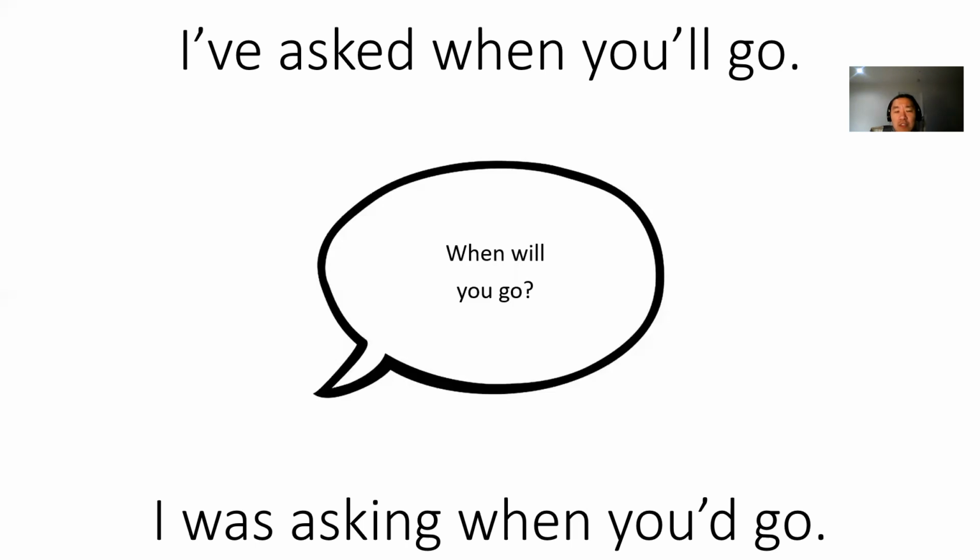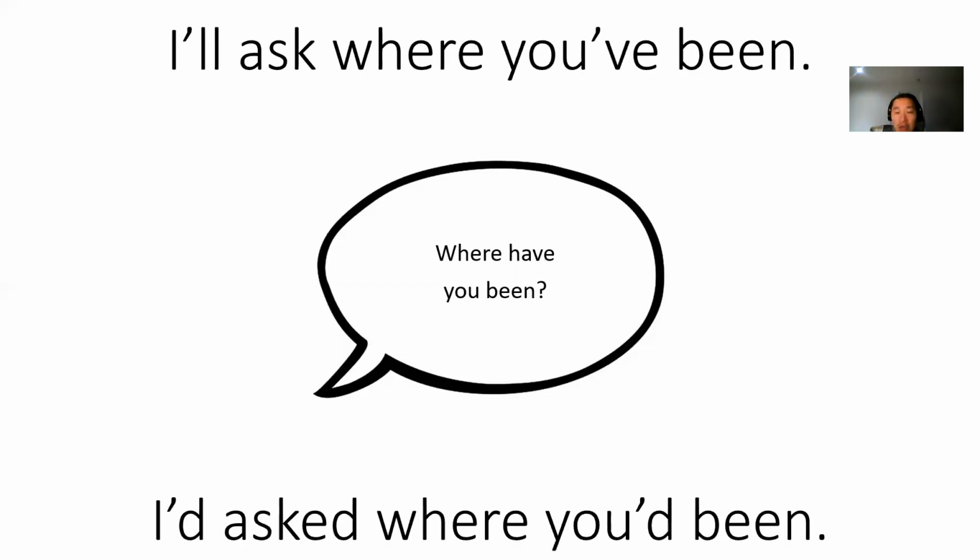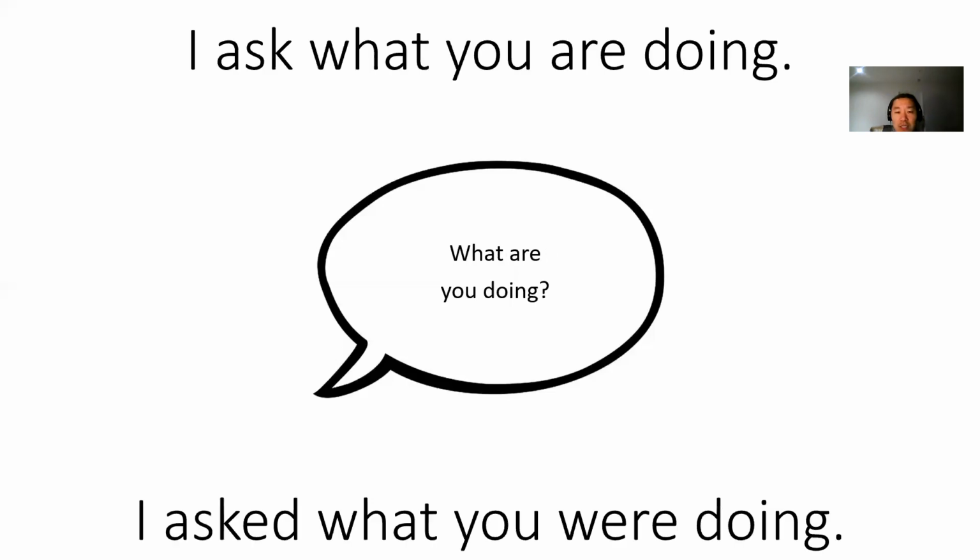So if you say, I have asked when you will go, the word when is still quando. Or to go backwards, where, it's still ubi. And the word what, it's still quid. So all I have done is I've taken it out of the quote marks and I've taken away the question mark, because you are not directly quoting it, you are indirectly quoting it.